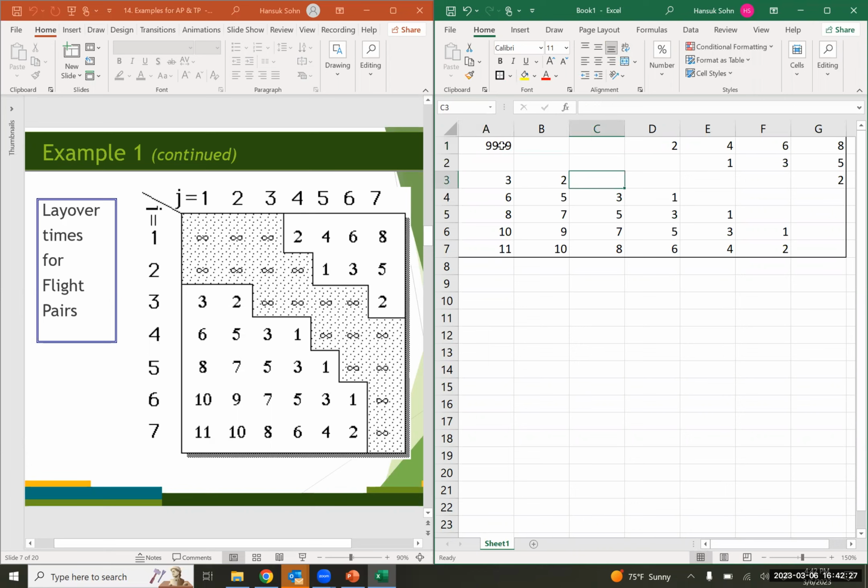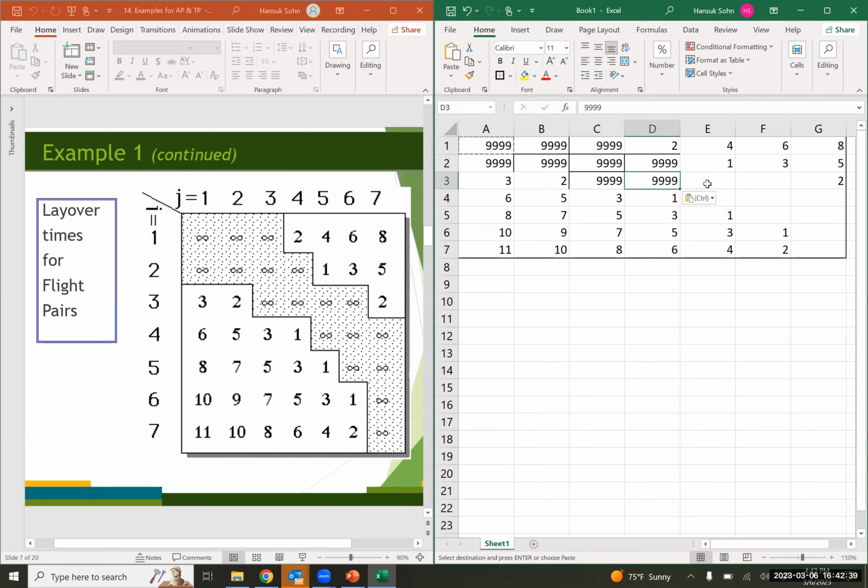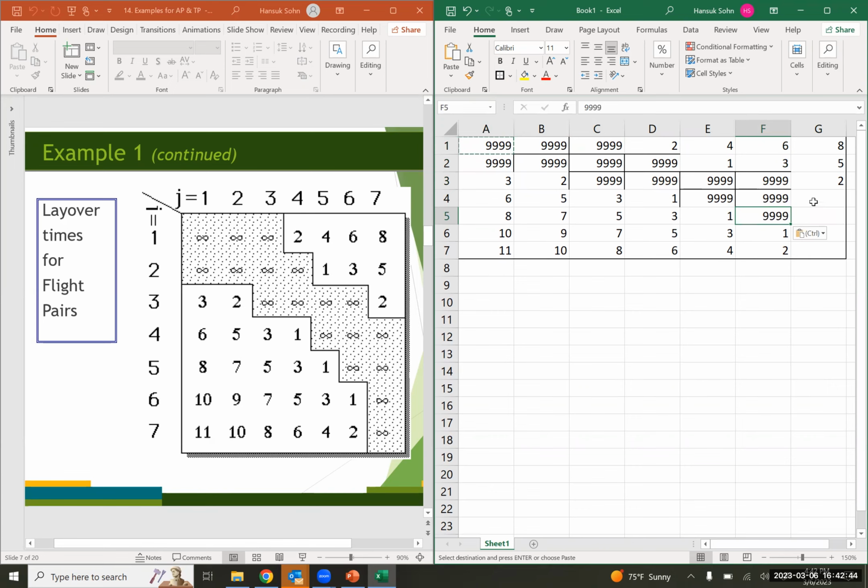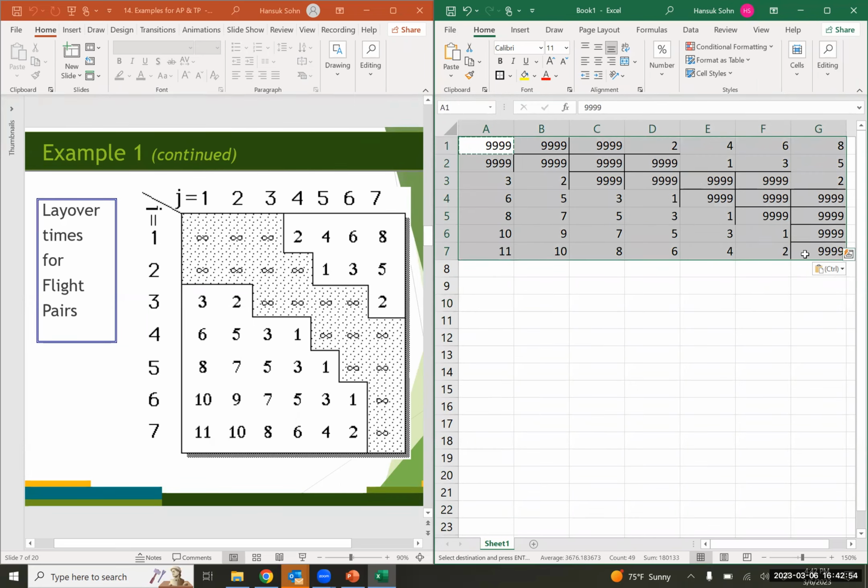I'm going to use this number, so that it is relatively larger than the layover times that we computed.